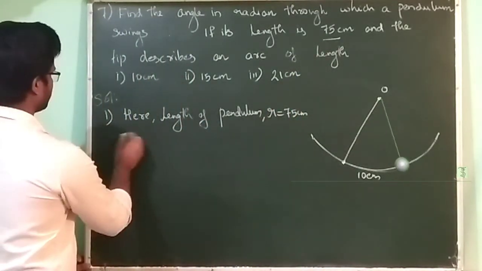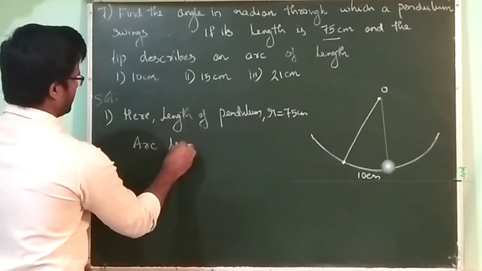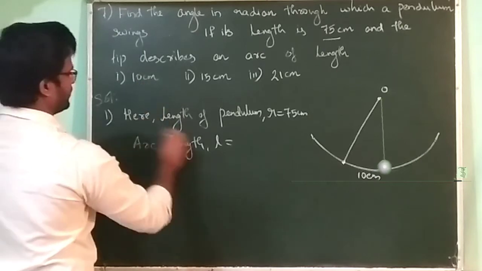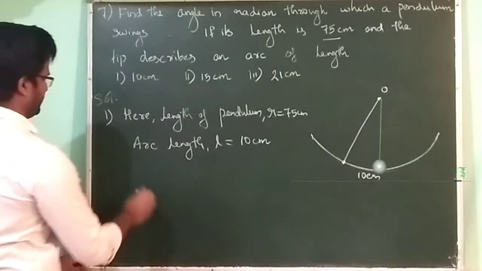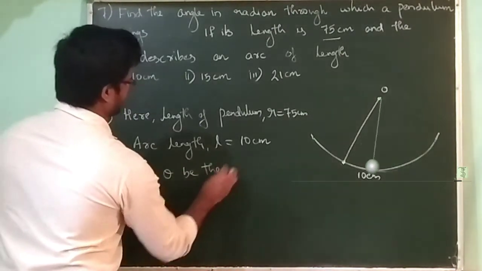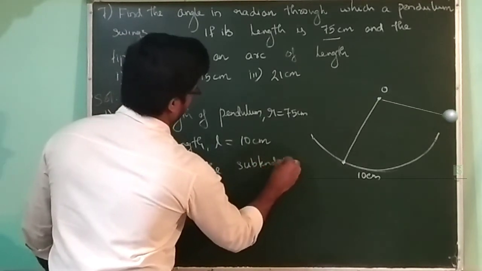Then Roman number 1, this arc length L equal to 10 centimeter. Then let theta be the subtended angle.